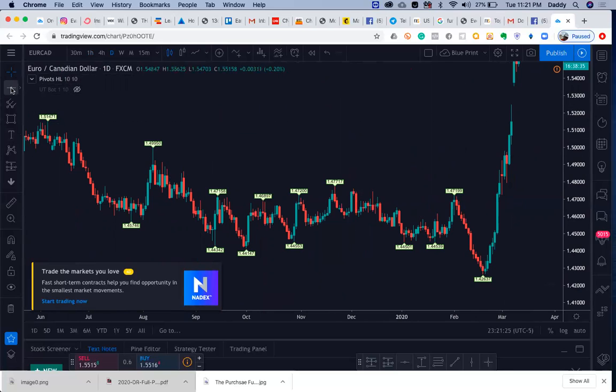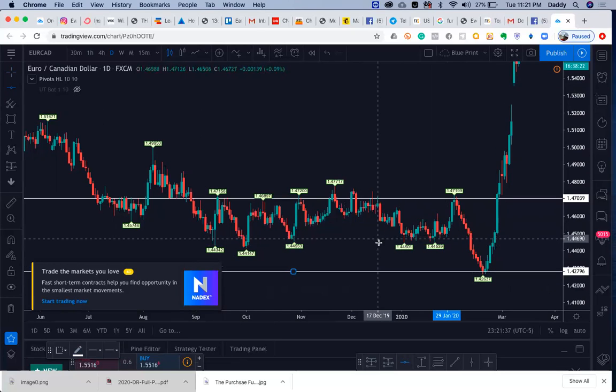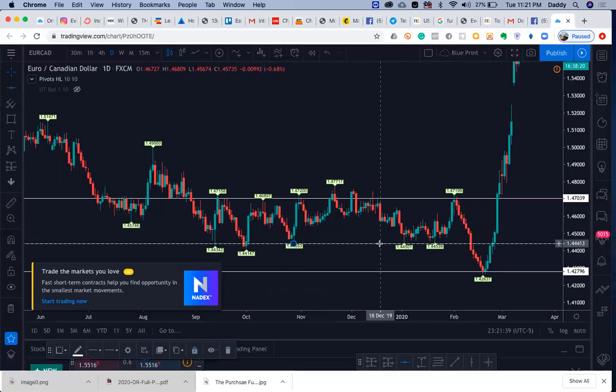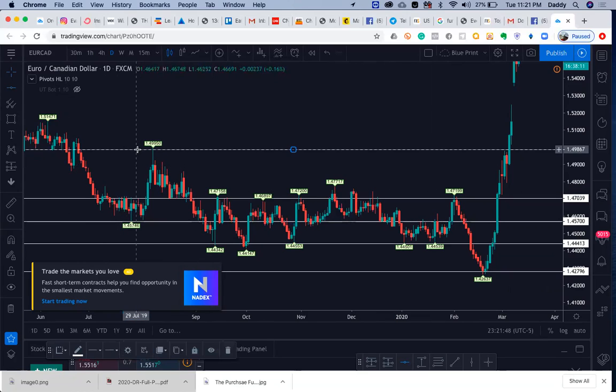What you're going to do is mark the high, mark the low, mark the low in this particular case, and mark the low in this particular case. Notice I'm putting it at the bottom of the wick.